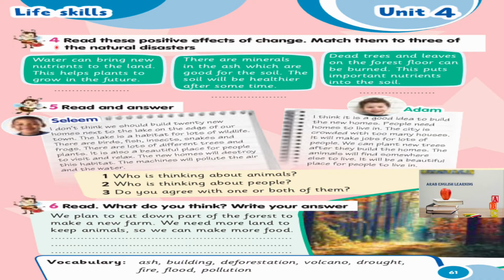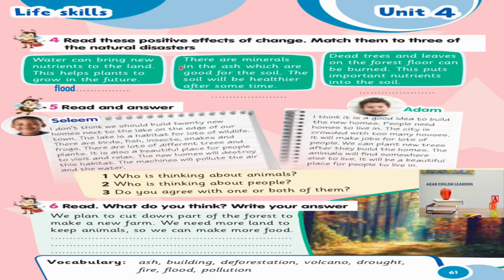Page 61, exercise 4. Read these positive effects of change. Match them to 3 of the natural disasters. Water can bring new nutrients to the land. This helps plants to grow in the future. Flood.